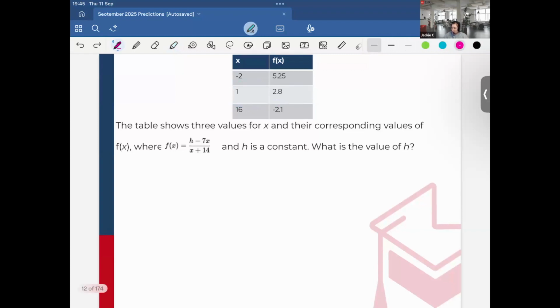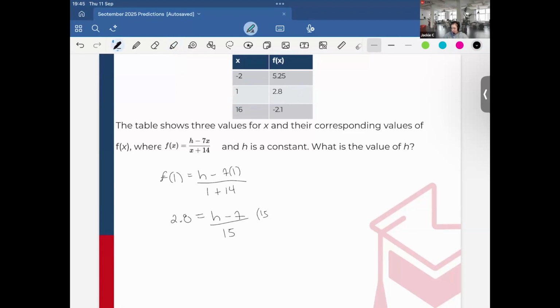So f of 1 would be equal to h minus 7 times 1 over 1 plus 14. And this would all be equal to our output, which is 2.8, and then h minus 7 over 1 plus 14, which would be 15.